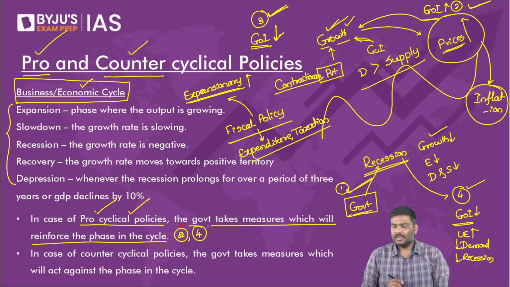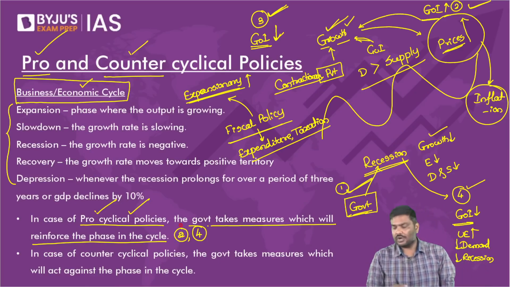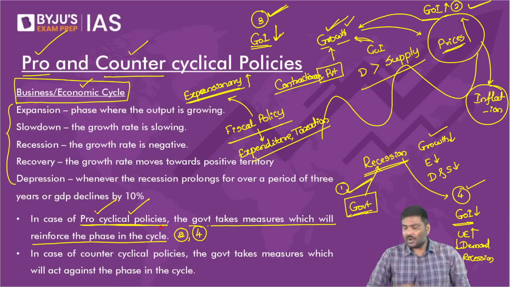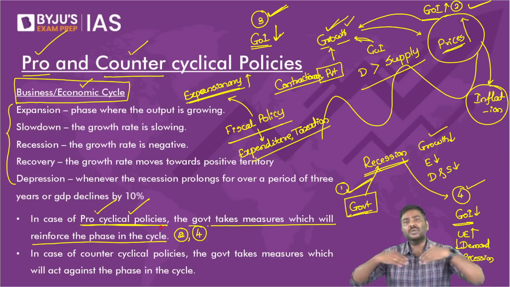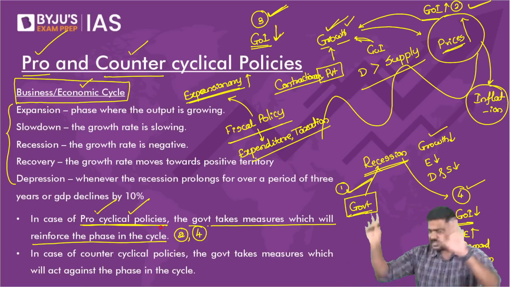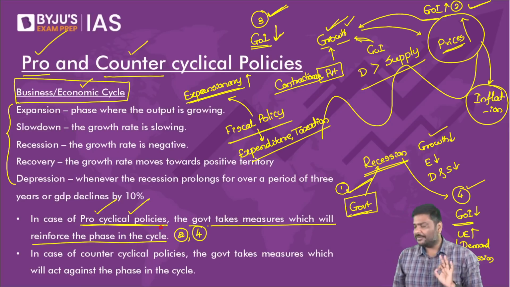Any problem? Again, look at the statement, look at the examples. What is a pro-cyclical policy? Pro-cyclical policy means any policies of the government which will increase the intensity of the events that are already taking place in the economy. Now, any problem with the pro-cyclical policy?